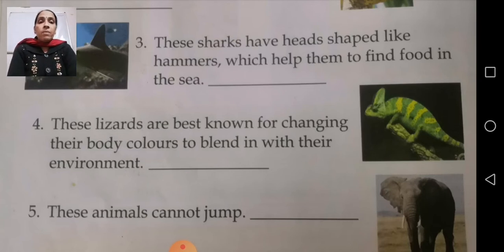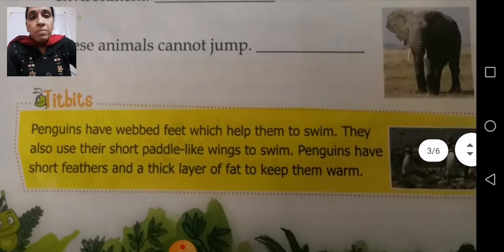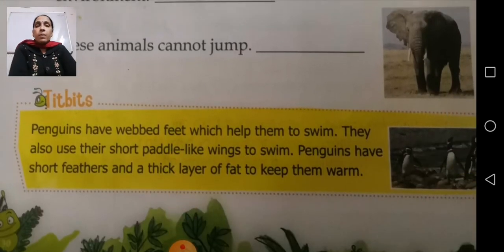If that animal tries, then the elephant will fall at the back. So the elephant cannot jump. Now tidbits are very important. Penguins have webbed feet which help them to swim.